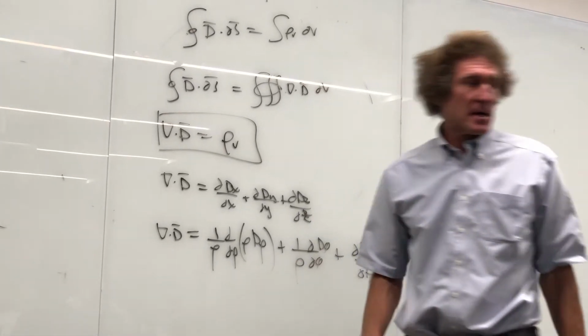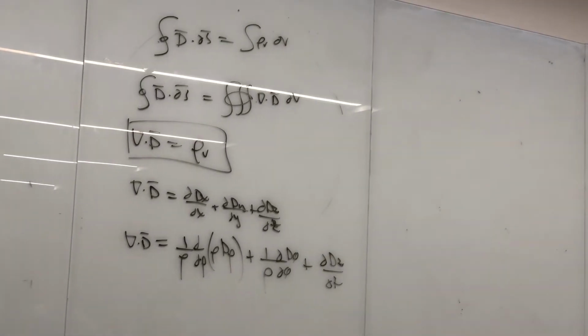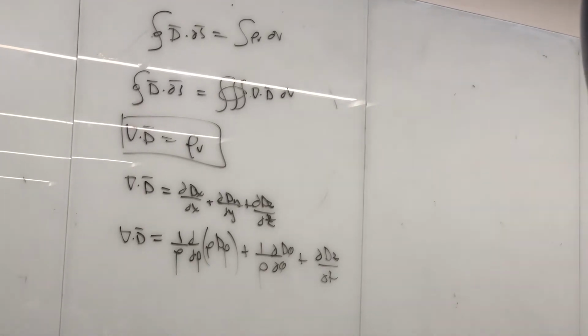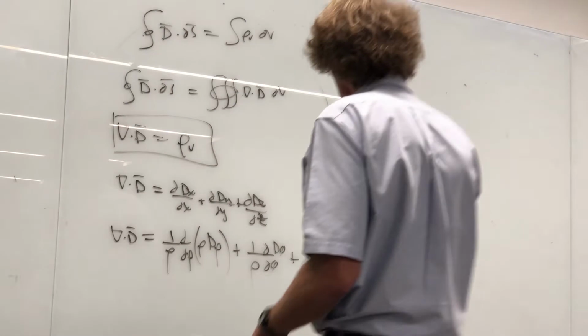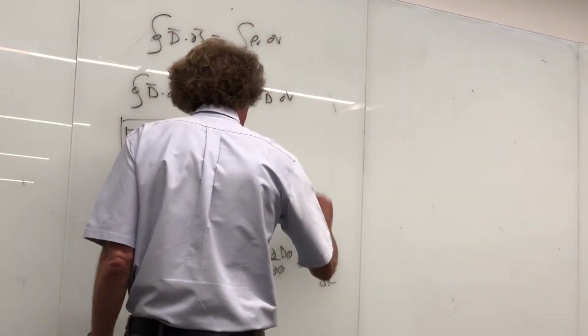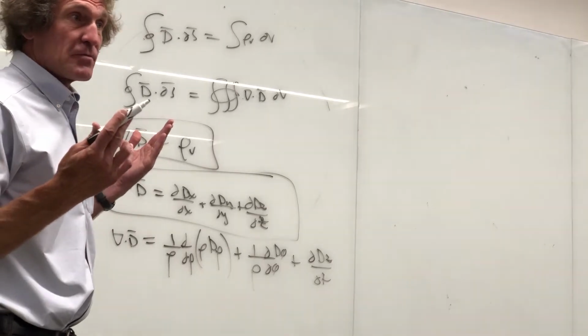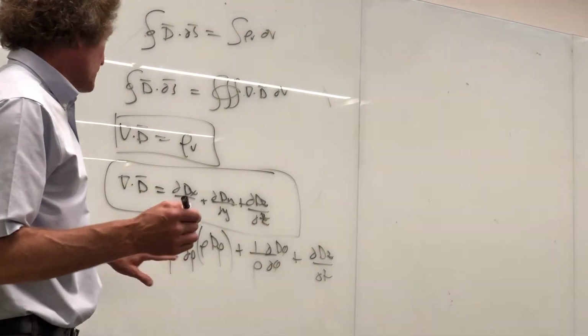And that's on the back cover of your book. If you look at the very back of your book, the upper left-hand corner has the divergence operator. Now, I will not give you the Cartesian coordinate one, because this is obvious, you should know this. It's just 3 derivatives with respect to the x component of D, the y component of D, and the z component. This one I'd give you.